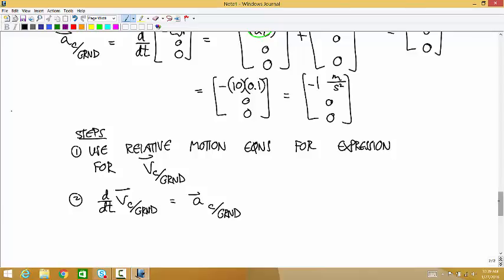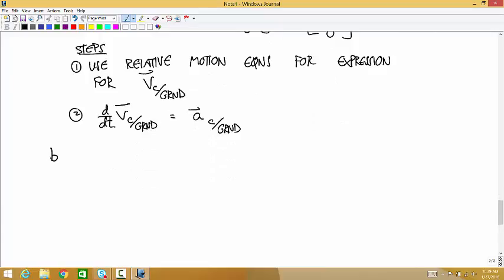Okay, I guess we better do another example of that. Let's finish this one, though, first. So now we want to calculate the velocity and the acceleration of the top point of the wheel. So the velocity of the top relative to the ground is equal to the velocity of the top relative to the center plus the velocity of the center relative to the ground.